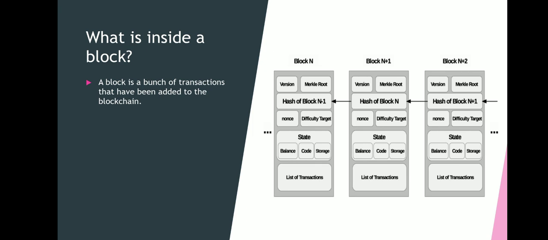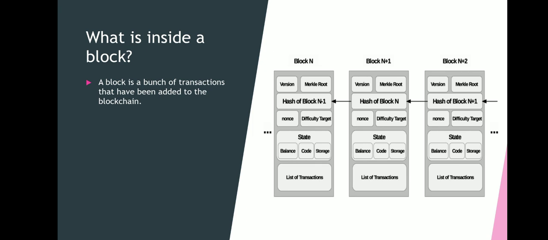In this architecture, you can see that there are three blocks: block n, block n plus 1, and block n plus 2. In the blockchain, the block consists of two parts: the header and the body. The header contains some mining statistics. The block header consists of a number of fields like version, that is the version of the blockchain, and Merkle root.